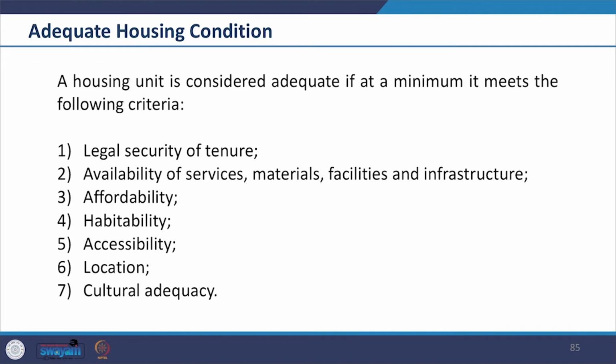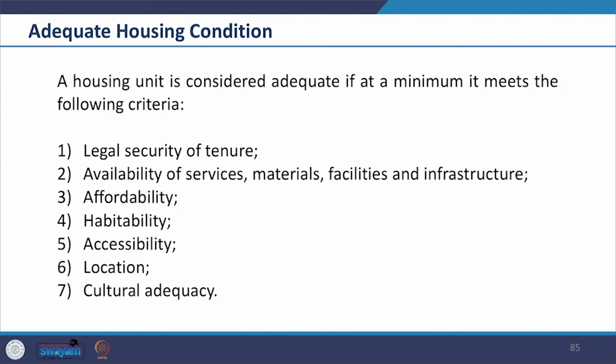Fourth, we see habitability, as a house is not adequate if it does not guarantee physical safety of the people who live in it, or provide adequate space as well as protection against the cold, damp, heat, rain, wind and any threats to their health and any structural hazards. So that point is considered here, that the house should be habitable.